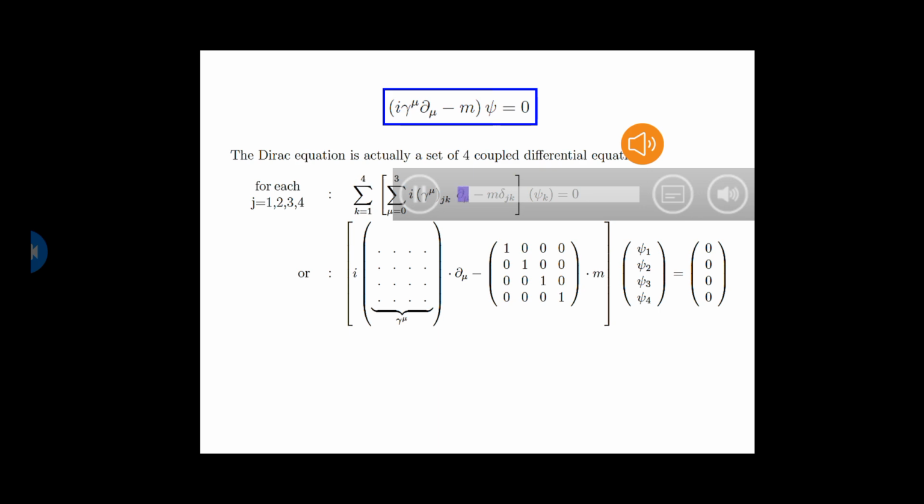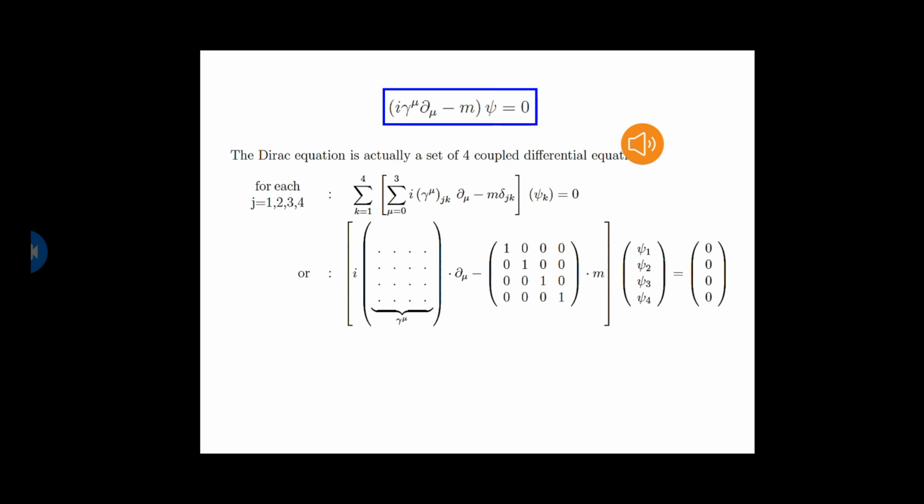Here, iota gamma mu partial mu minus m into psi is equal to 0. The Dirac equation is actually a set of 4 coupled differential equations. For each j is equal to 1, 2, 3 and 4, summation k is equal to 1 to 4, into summation mu is equal to 0 to 3, iota gamma mu j k partial mu minus m sigma jk into psi k is equal to 0.